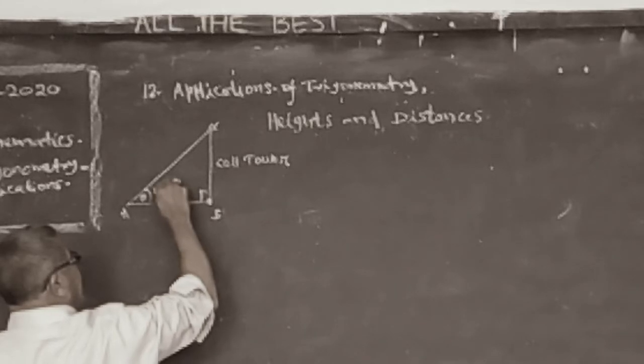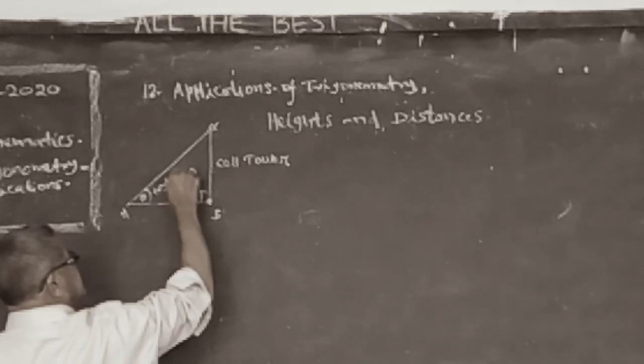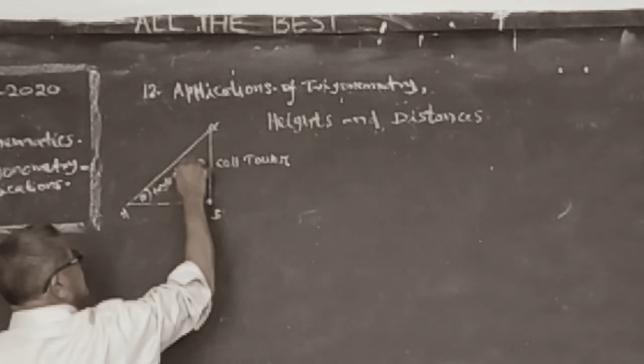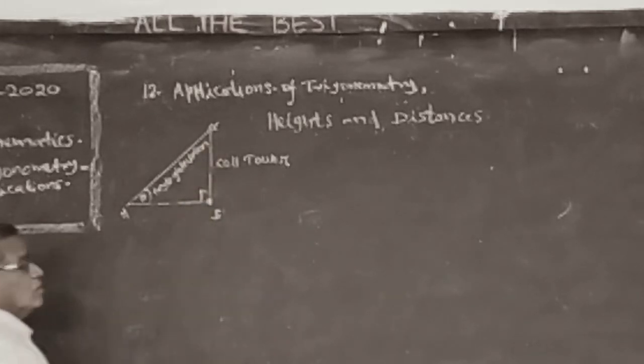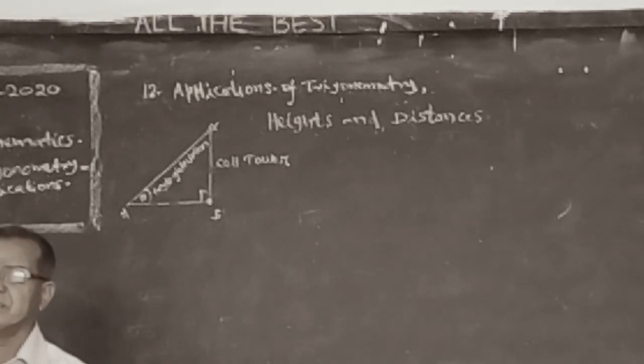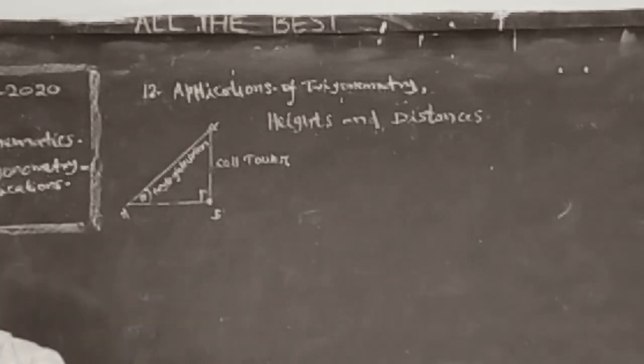This is called angle of elevation, when we are raising our head to observe the top of the tower, top of the mountain, top of the cliff, and aeroplanes flying in the sky.